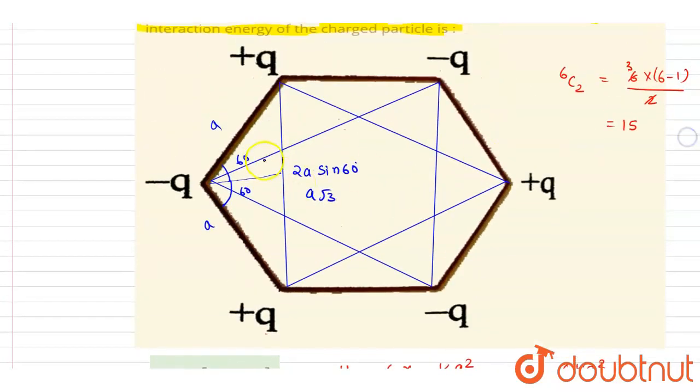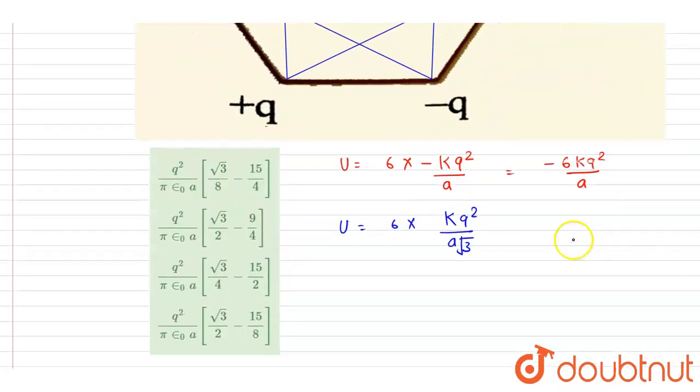If you see, this is A and this is 60, so it will be A sine 60, so it will be A root 3. As you got this, you can write down this is 3 into 2, so it will be 2 root 3.